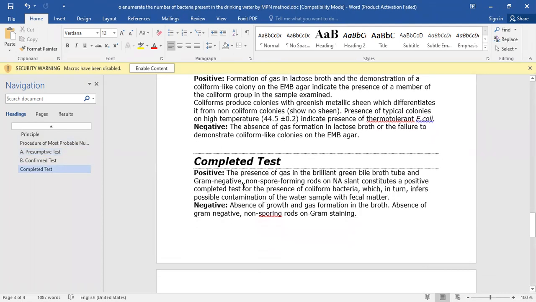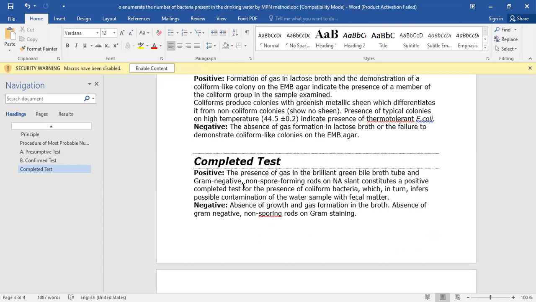And what is the result of the coliform completed test? Positive test: when there is gas in the brilliant green bile tube and gram-negative non-sporulating bacteria are observed, it indicates that the bacteria are coliform. It finalizes and confirms that the bacteria are coliform bacteria.